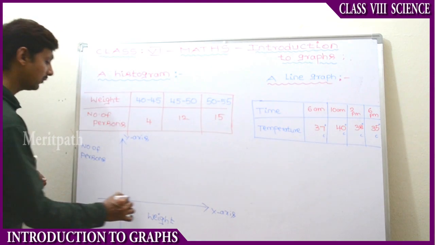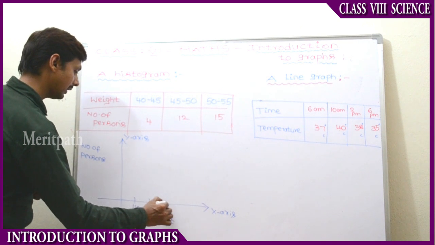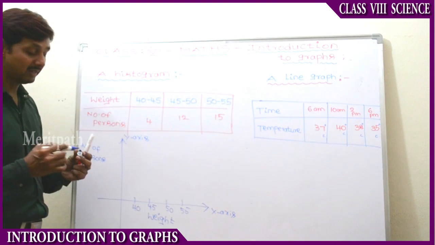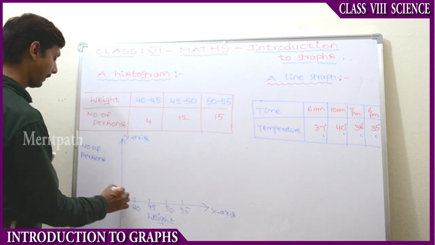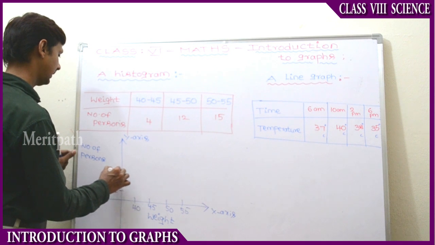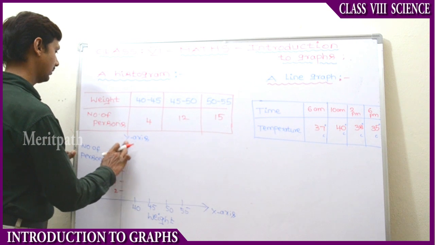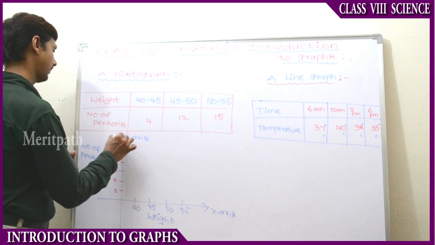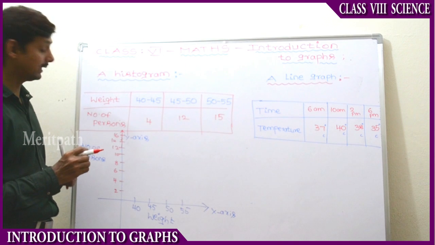Here between 40 to 45, so 40, 45 and 50, 55. So between the intervals we need to take. On the y-axis we will take 2, 4, 6, 8, 10, 12, 14, 16.